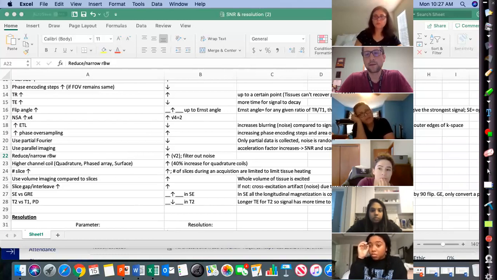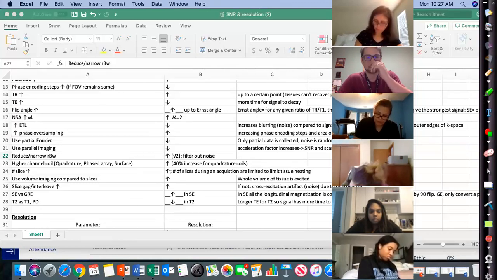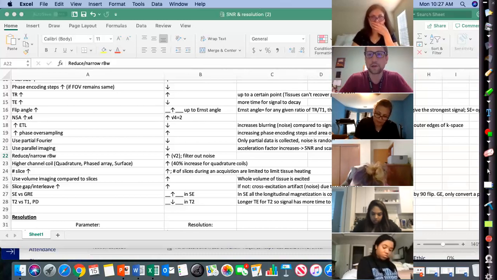Yeah, because fluid is bright and a lot of pathologies are going to be bright on T2. So you're able to see the contrast with your eyes a little bit better with a T2 weighted compared to a T1 or a proton density. So you could say contrast to noise is best with the T2, because it has the best CNR. So T2 has bad SNR, but good CNR.